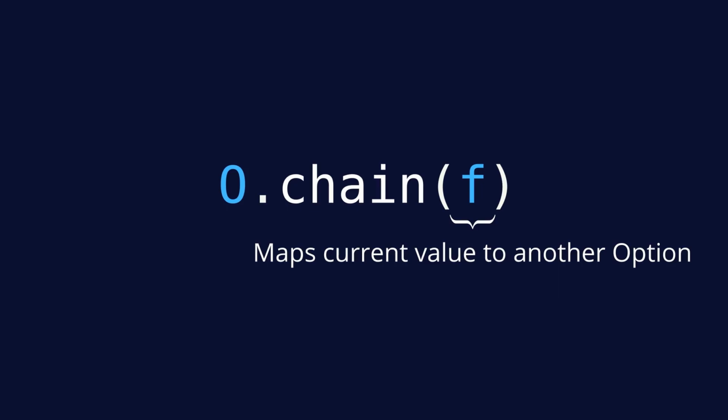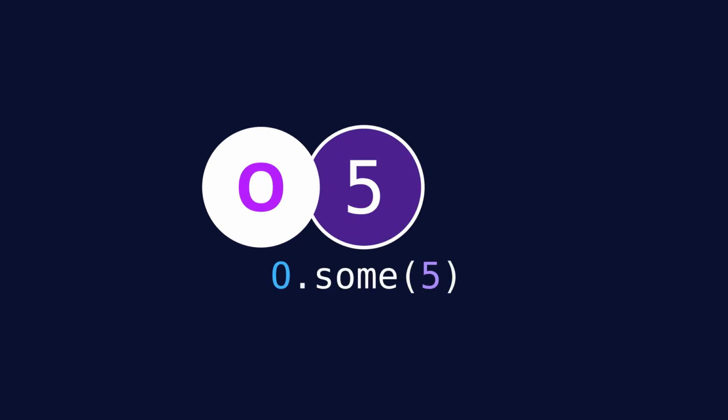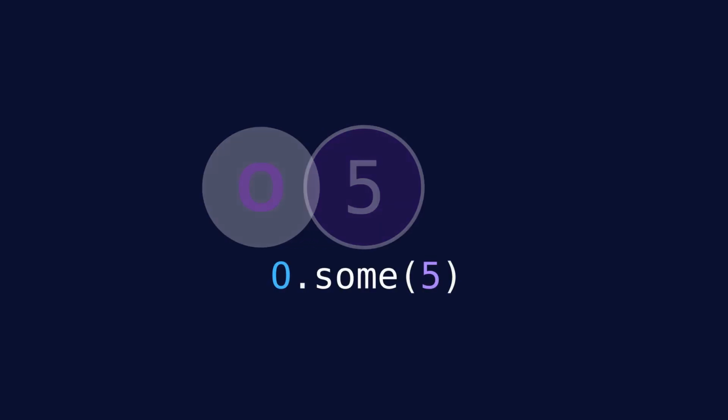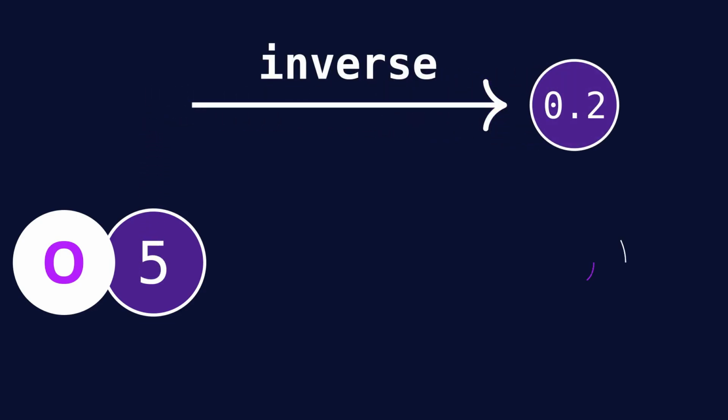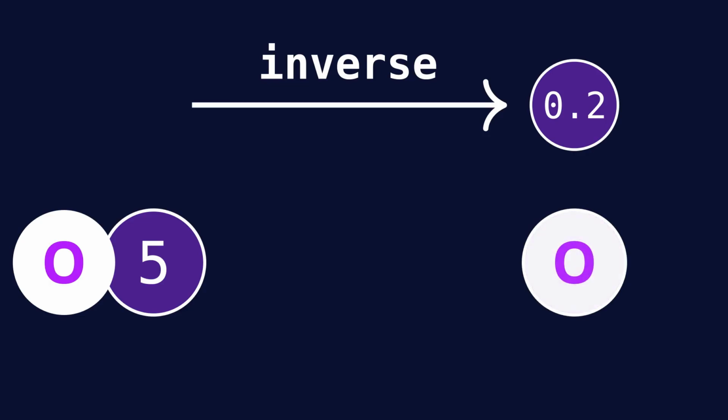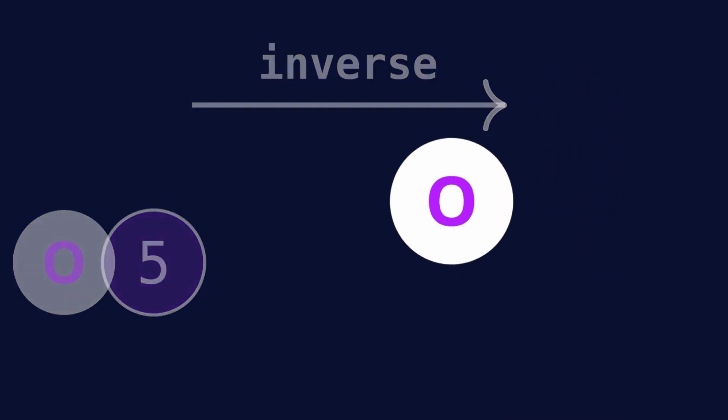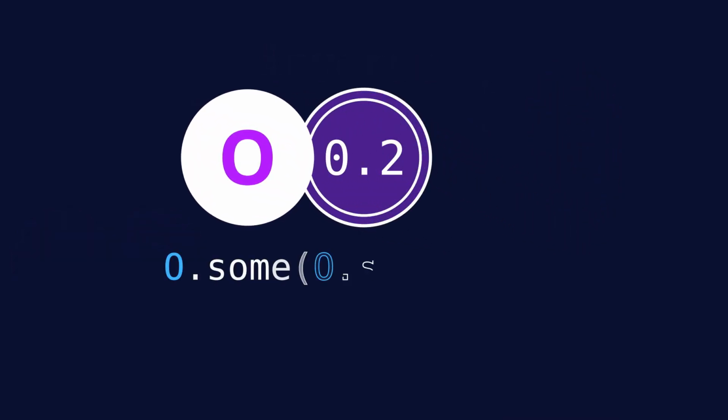Let's see some simple examples of using chain. Let's say that we have some 5 and we want to get its inverse. We can get it by piping some 5 into chain inverse. When we do so, the first thing that chain does is to check if the option has a value, which in this case it does. So chain will pull the value 5 out of the option, pass it to the inverse function, get back some 0.2, and put that output into an option to get some some 0.2.